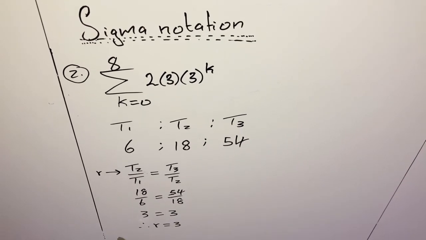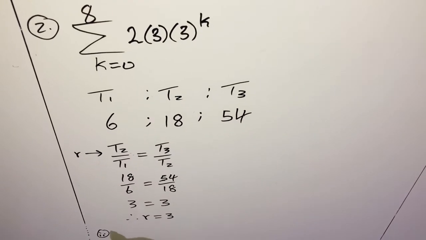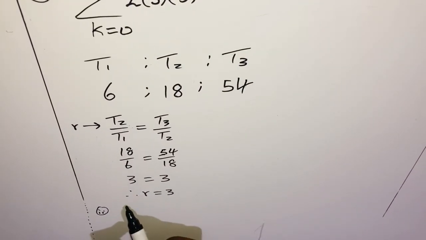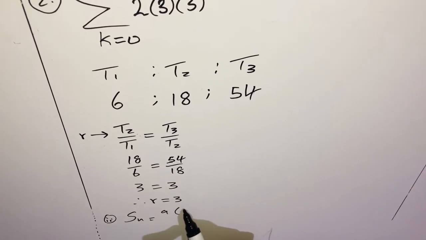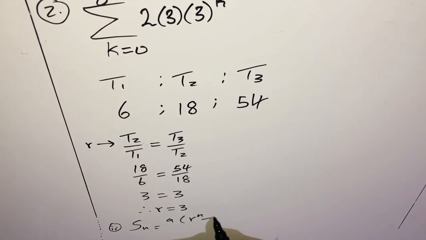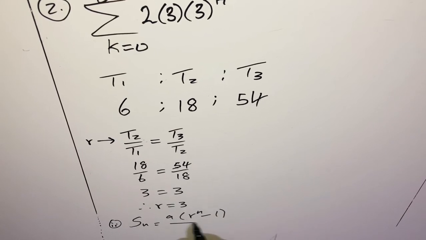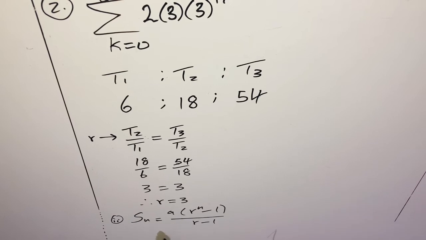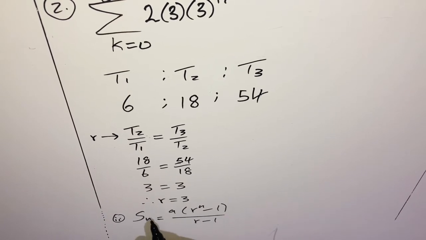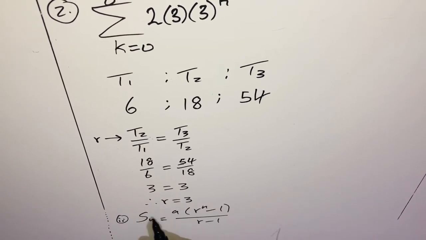Then I go on to write my sum formula, a Rn minus 1, over R minus a 1. Then I'll have to know I'm finding the sum of what?